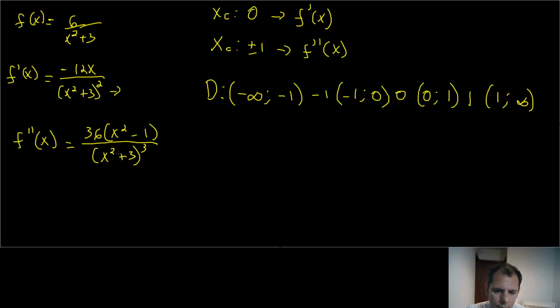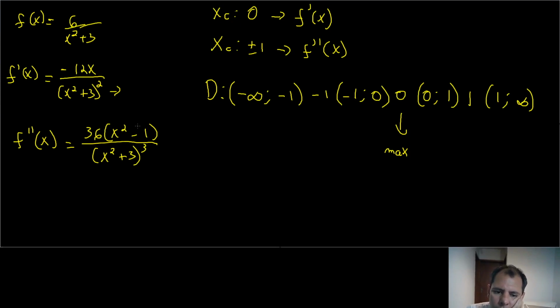So it's going to be a negative number. That means that it's a maximum. Why? Because at this point, the first derivative is 0 and the second derivative is negative.